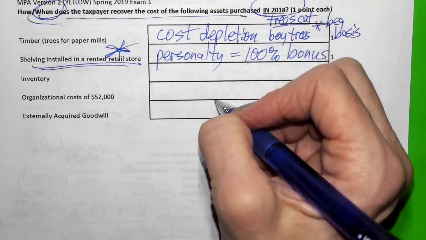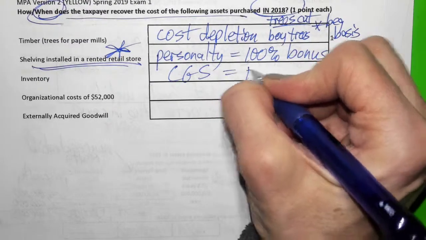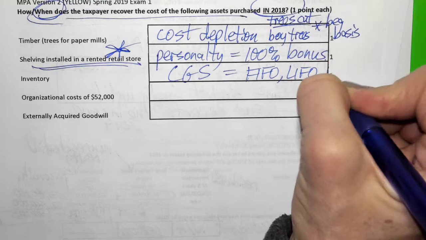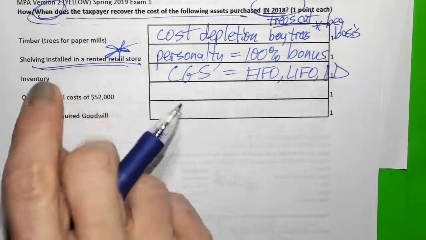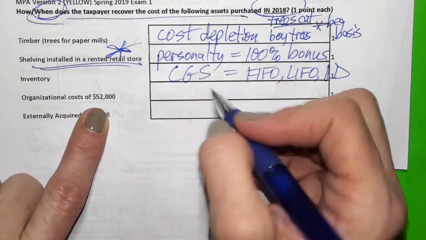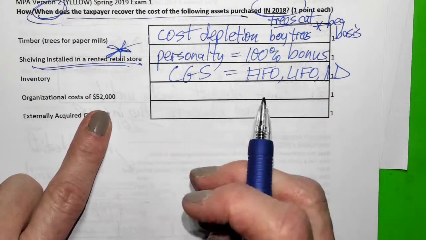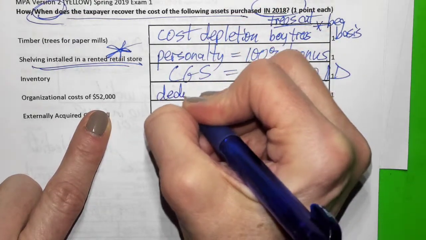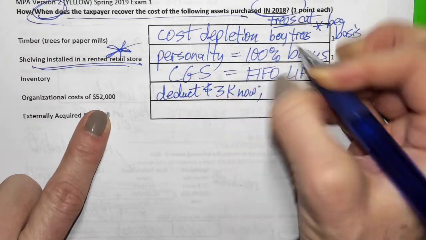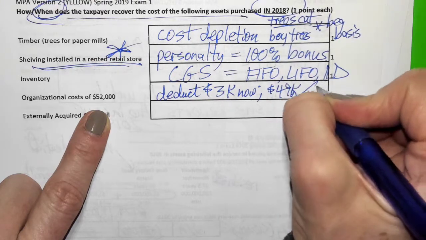Inventory, cost of goods sold is FIFO, LIFO, specific ID. Organizational costs of $52,000. Well, you can deduct $5,000 reduced by the excess over $50,000. So the answer would be deduct $3,000 now and $49,000 over 15 years. And then this would be 15-year straight line.